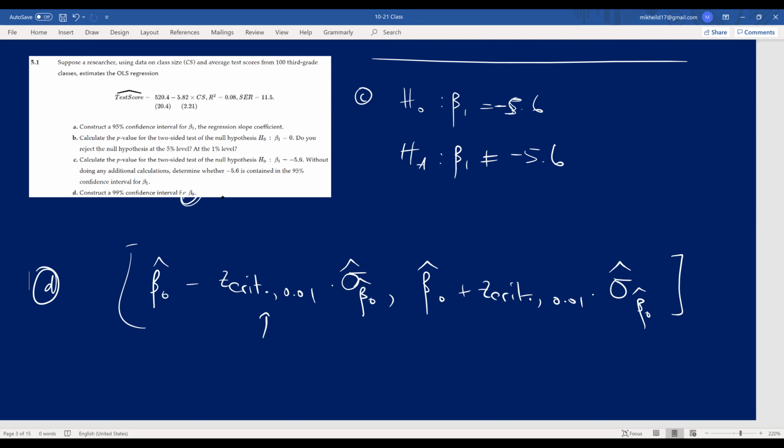What's z critical at 0.01 two-sided? 2.58.